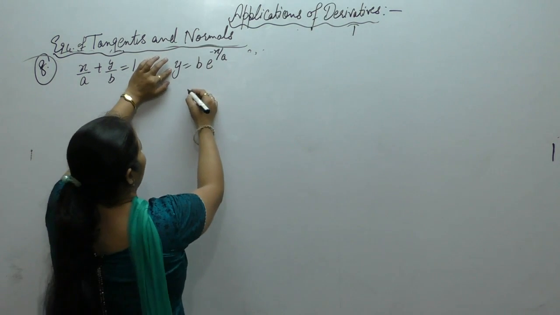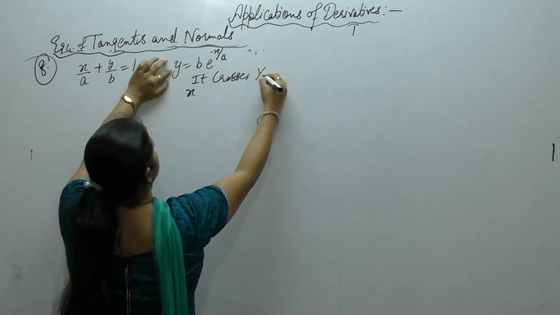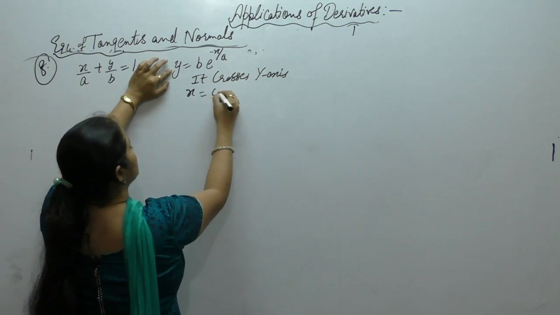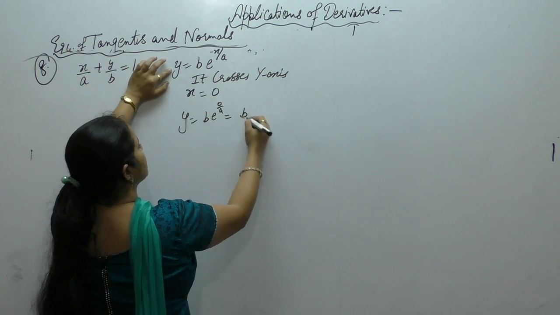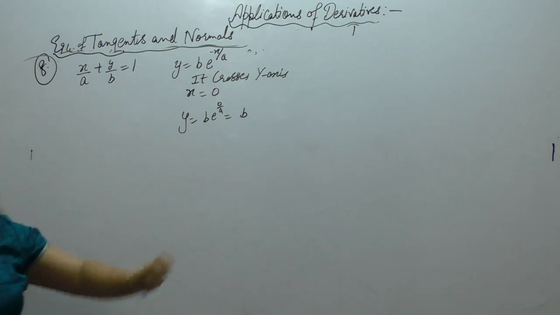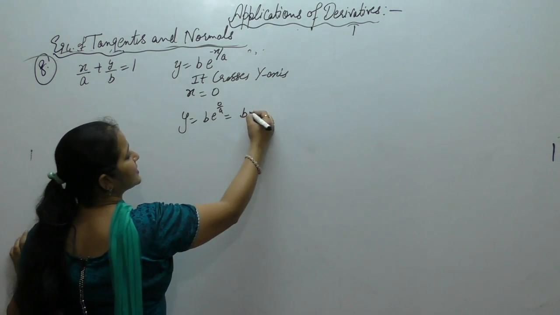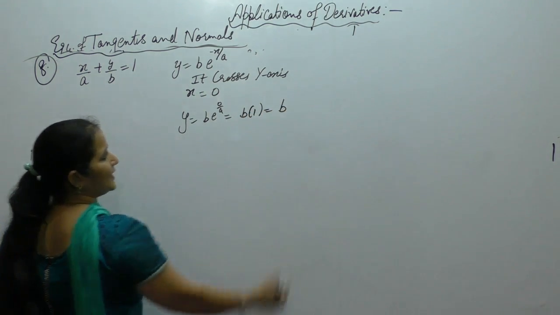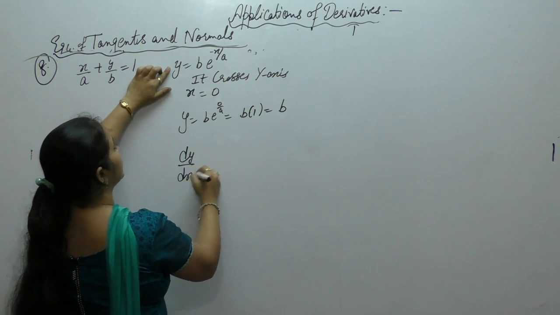It crosses the y-axis at x equals 0. So we get y is equal to b, since e power 0 is 1. So y is b. Now differentiate it with respect to x.